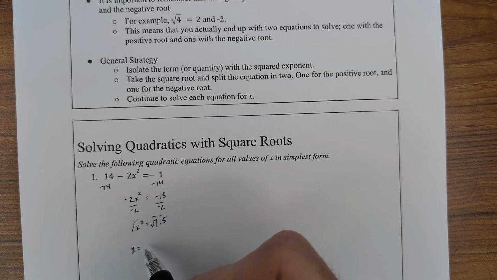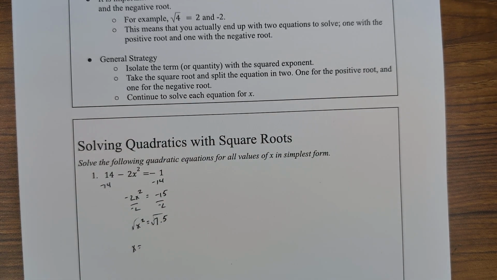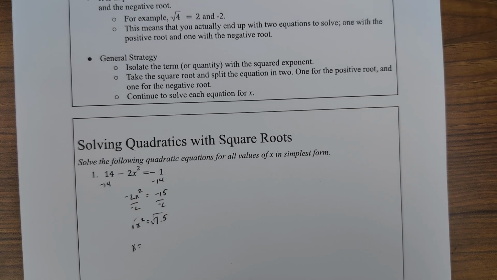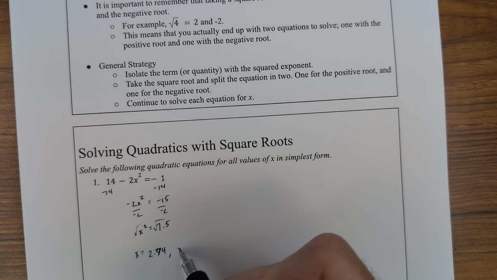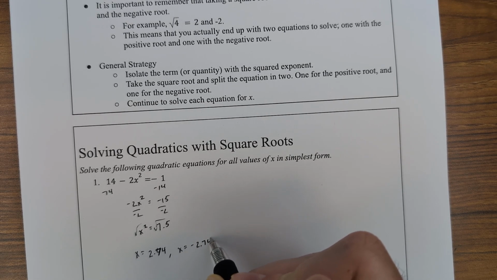So x equals... the square root of 7.5 is about 2.74. But I also get the negative, so I get x equals negative 2.74.